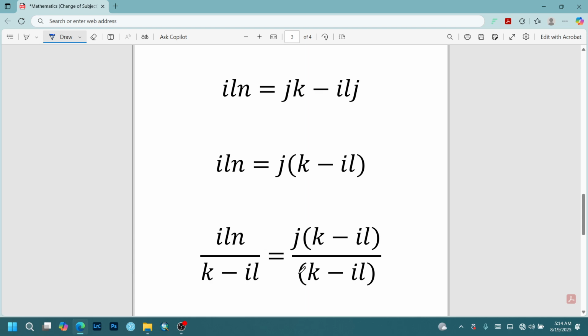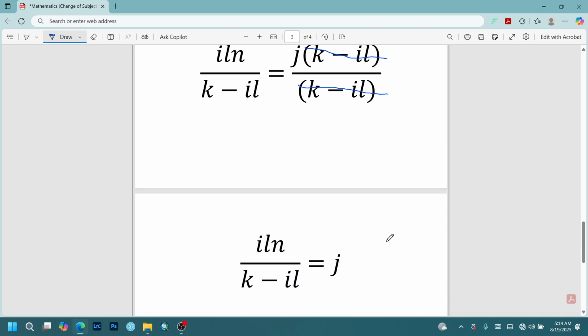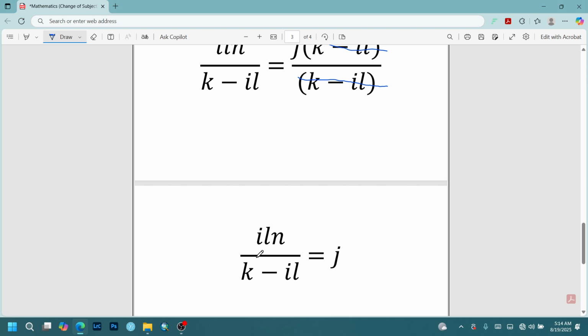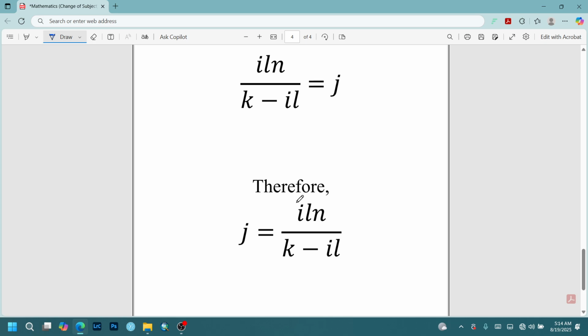So K minus IL will cancel itself out, leaving J. So we have our J to be the fraction ILN over K minus IL. So therefore our J equals the fraction ILN over K minus IL, right? Right, so that's our final answer.